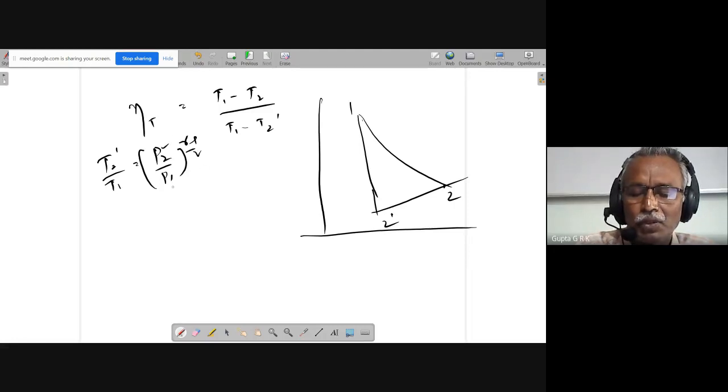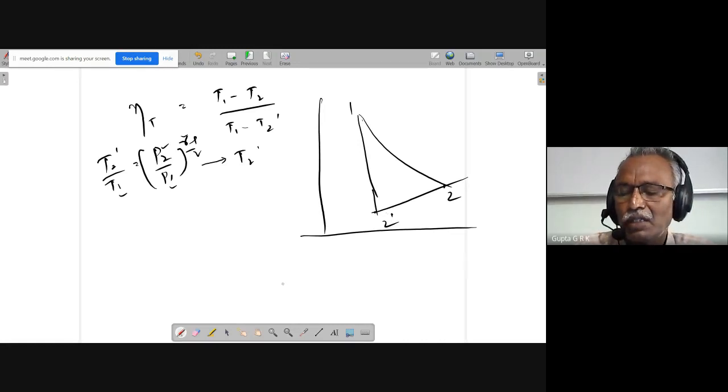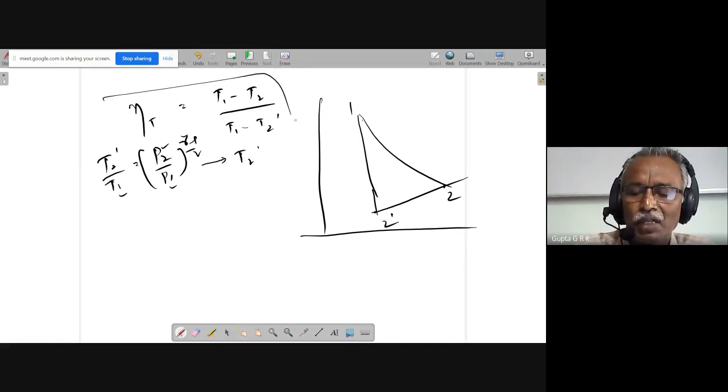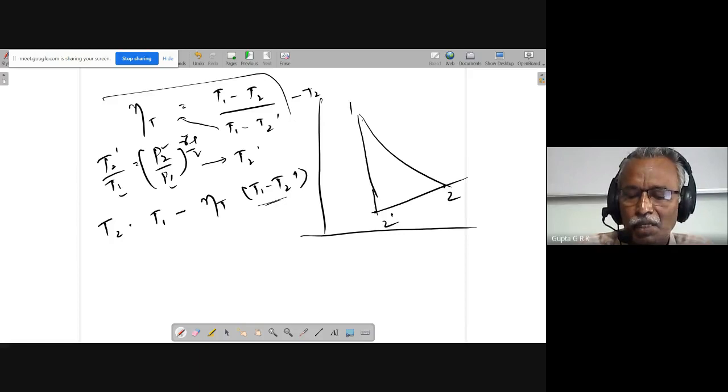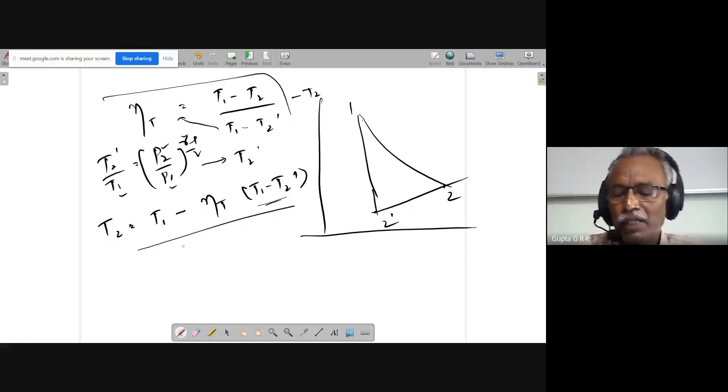So I know P2, I know P1, I know gamma of the mixture, and I know T1. So I'll get T2 dash, which is the isentropic temperature here. And using the formula here, I can find out what is T2. So T2 is equal to T1 minus eta T into T1 minus T2 dash. Okay, so if I take this side, eta T into T1 minus T2 dash, and T2 is equal to T1 minus this. So like this, I can find out T2.